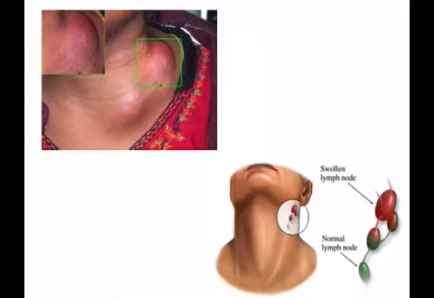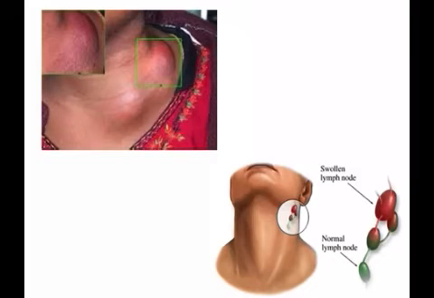Generally, these adenoids would get inflamed due to any kind of acute invasion of pathogenic microorganisms. So when the adenoids are swollen, you would also perceive difficulty in swallowing food or swallowing any kind of hard fluids or anything, right?